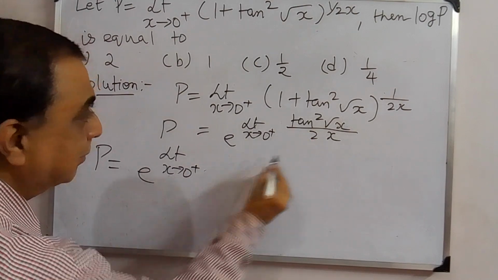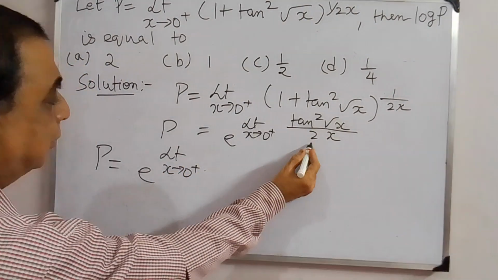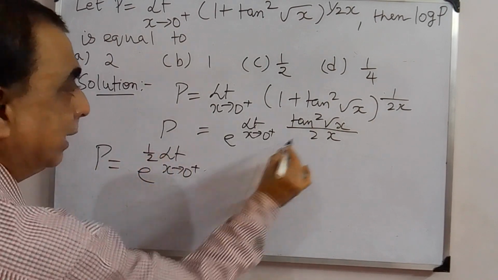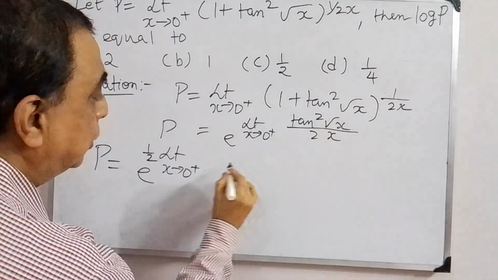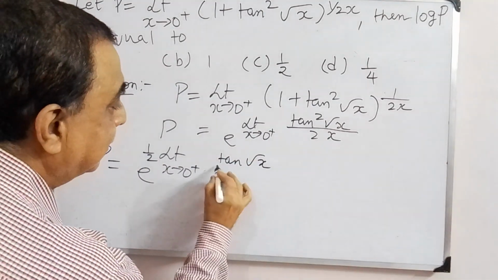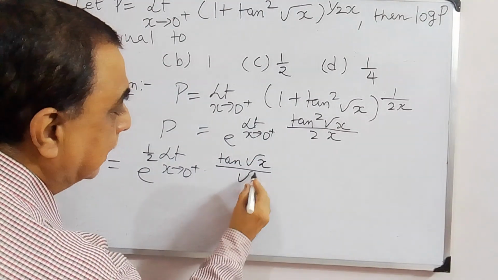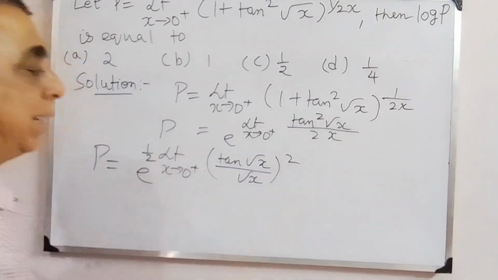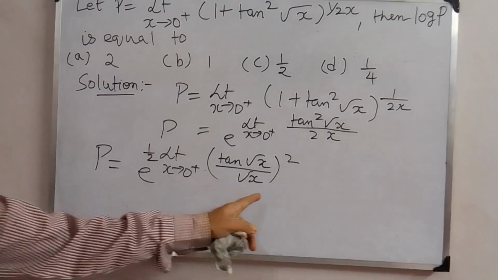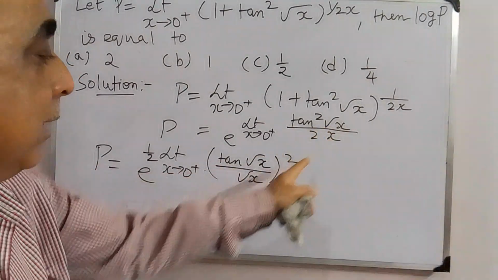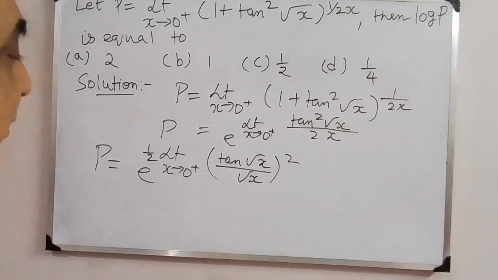I am writing this 2 as a constant, bringing it out of the limit. And tan squared root x, I am writing as tan root x, and this x I am writing as root x whole square. So this will become tan squared root x, and root x whole square becomes x.